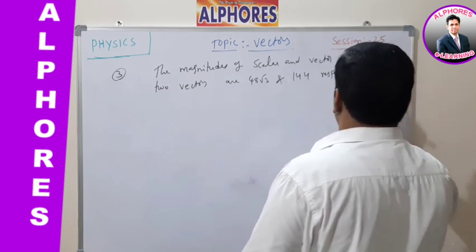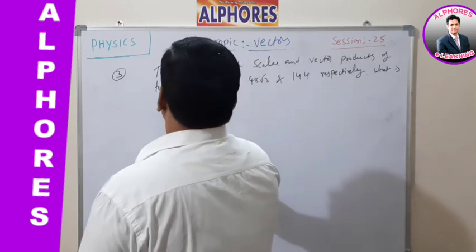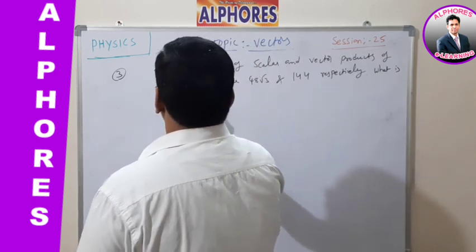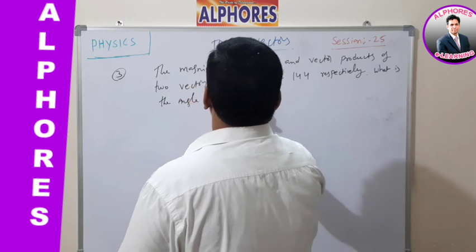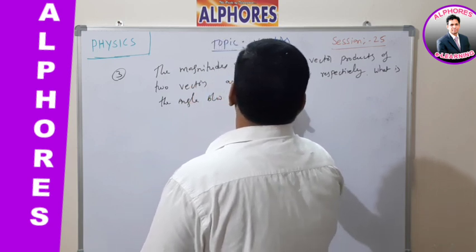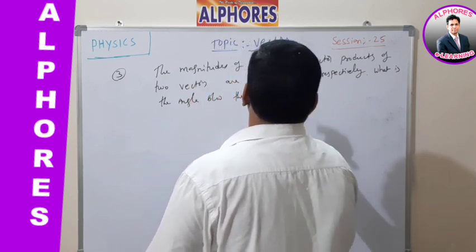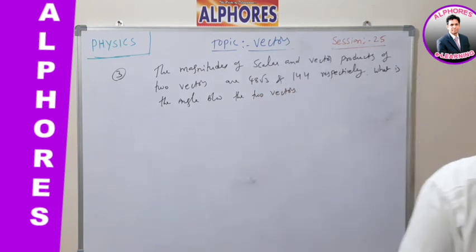What is the angle between the two vectors? Please all of you note down this question again.